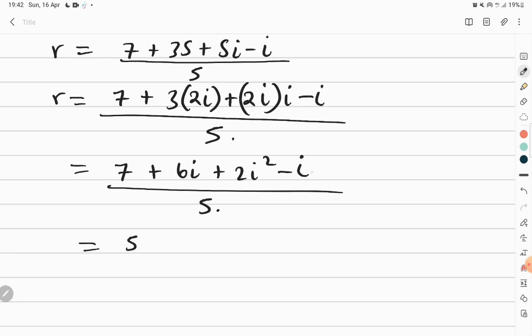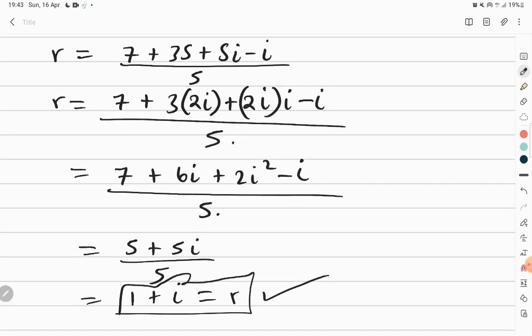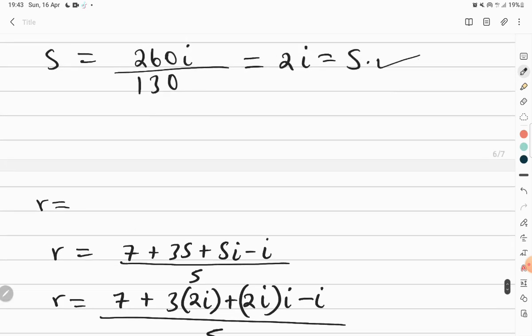Then 6 minus 1 is 5, then we have plus 5i, all divided by 5. So 5 divided by 5 is just 1, then plus 5i divided by 5 is just i. So this is the value of r. We said r must be equal to 1 plus i, and s becomes 2i.